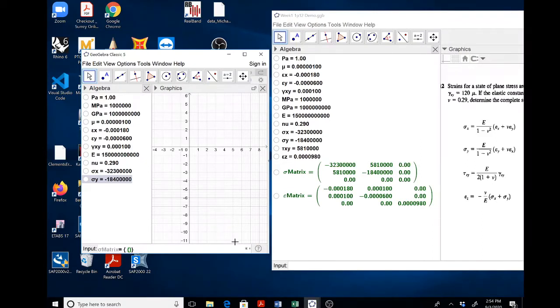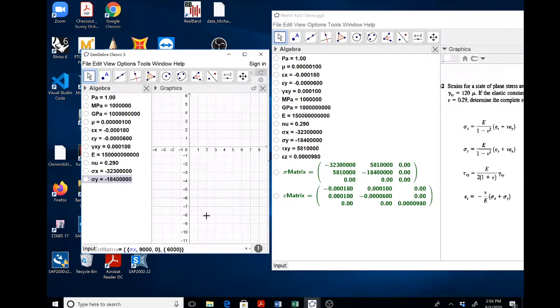So I will say it's sigma x, comma, tau xy, which I don't have in here. Let's just say it's something 0, and then comma, whatever. Just put in your numbers here.